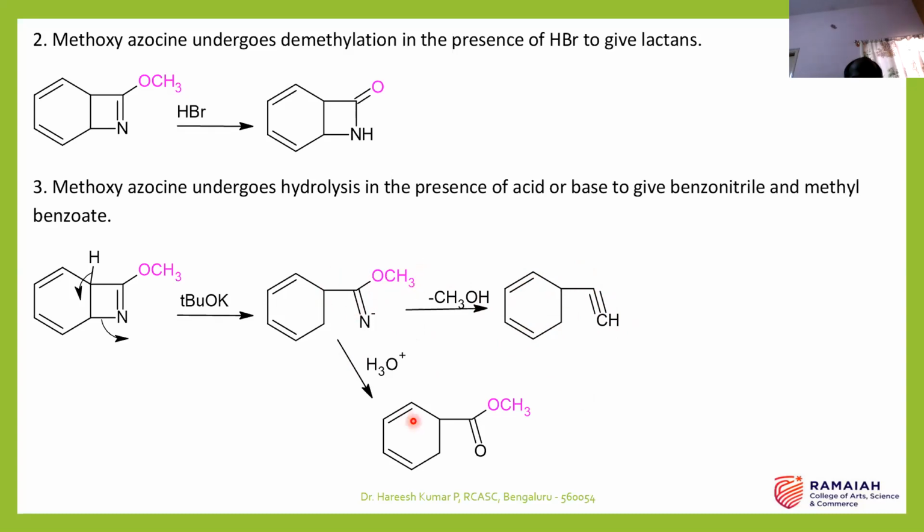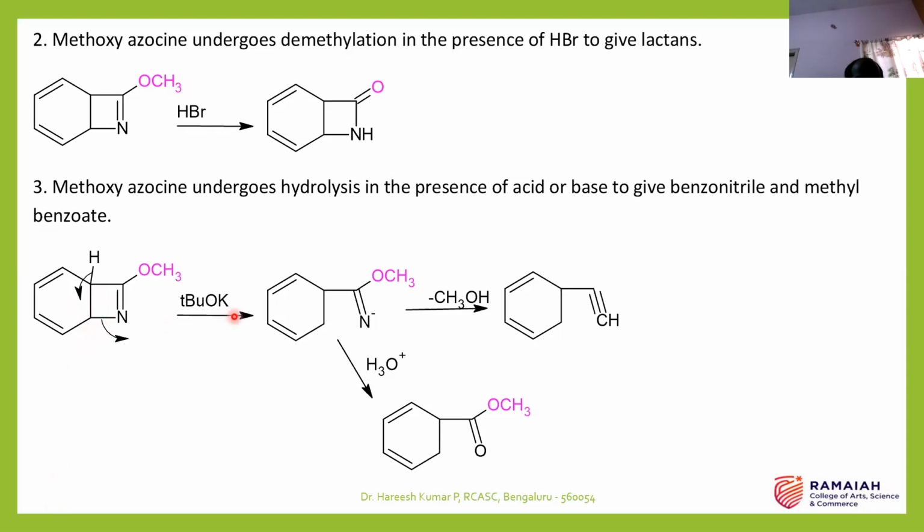Similarly, when this intermediate is treated with a proton source, this N is replaced by O. That means the obtained one is an ester. So it means that 2-methoxyazocin itself will be in equilibrium with the bicyclic compound.